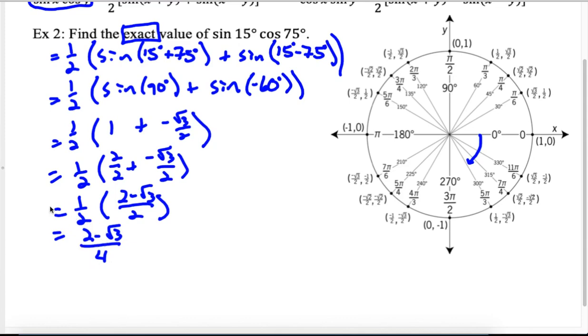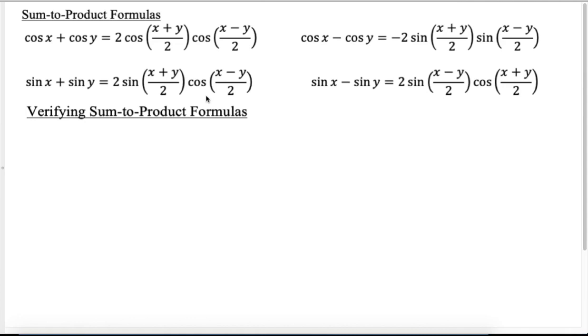All right. So the next thing that we can look at is sum to product formulas. Okay? So this is just going the other way. If I'm adding two trig functions together, cosine of some variable plus cosine of a different angle, I can rewrite that as a product of two angles.